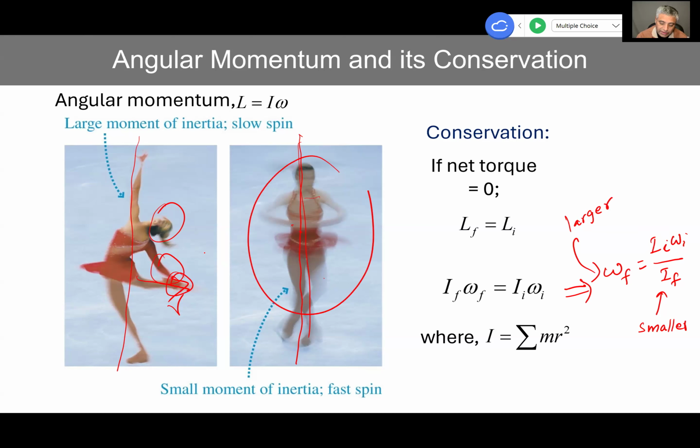That's why spin rate increases by just bringing the body parts close to your body or axis of rotation in this case. Okay, R is measured from the axis of rotation, you know that.